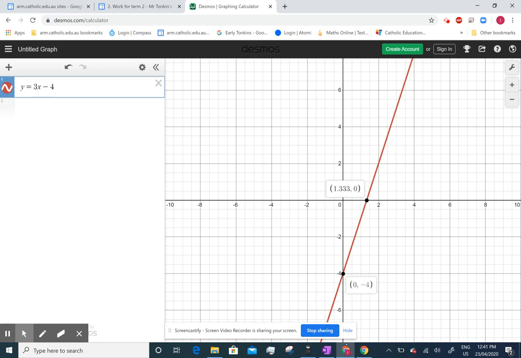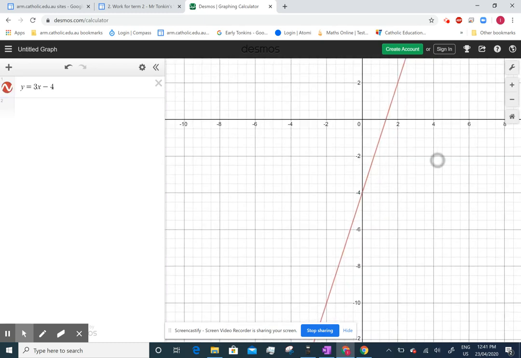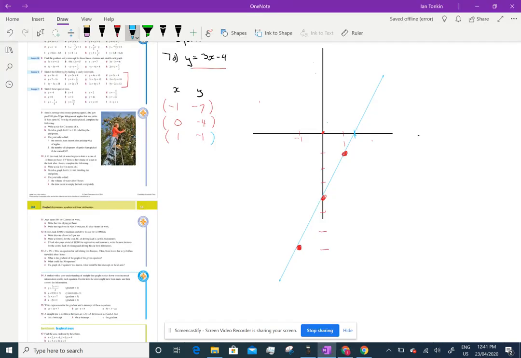Remember my -1, my 1 value, which is, if I slide along here till I get to 1, 1 and -1. And down here, it was -1 and a bit too far. There, -1 and -7.